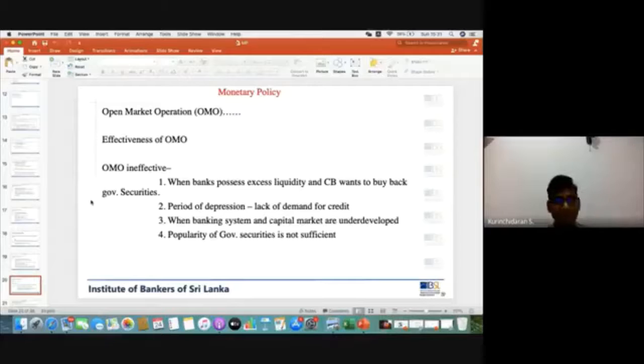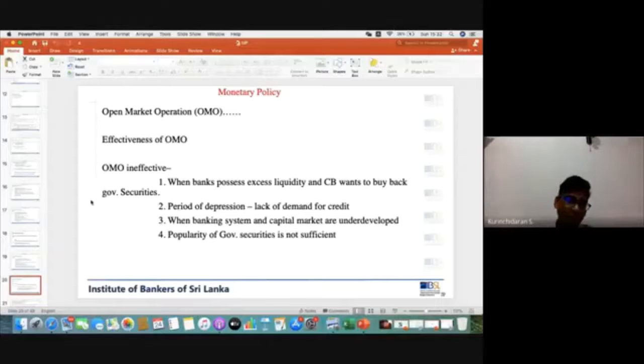And second, a period of depression. Now there's an economic downturn, and the economy is under depression. So even though the central bank tries to increase the supply of money, because of the decline in economic activities, the demand for money might be very low.